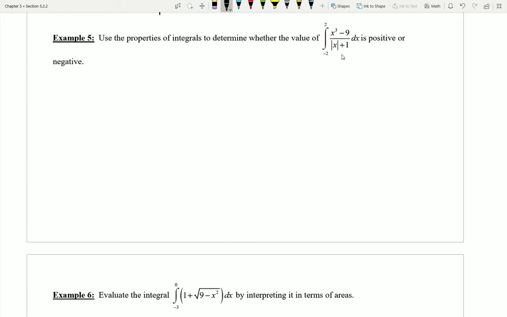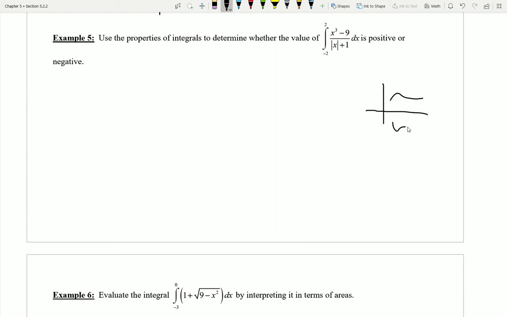If I can't see what this actual area is, I can still try to determine if it comes out positive or negative. In order to do this, it will be helpful again to consider my comparison properties. I should recall that if I can confirm that this function only spits out positive y values on an interval, then the area under it must be positive.